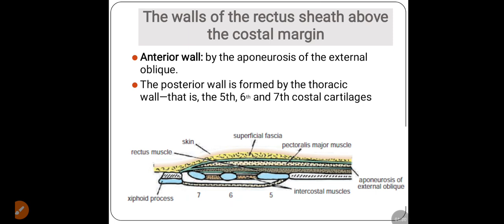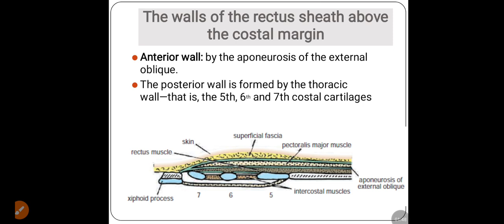The rectus sheath has an anterior wall and a posterior wall, but we describe it at different positions. First, above the costal margin.